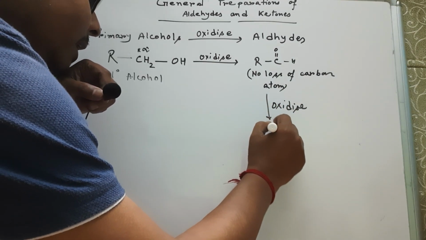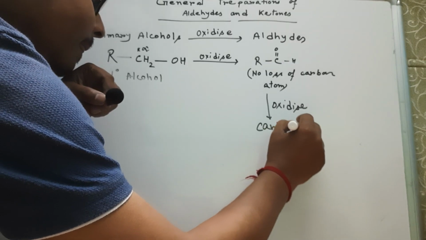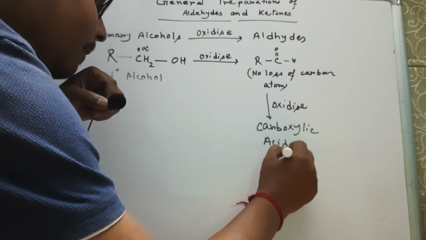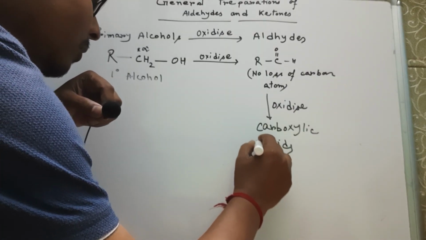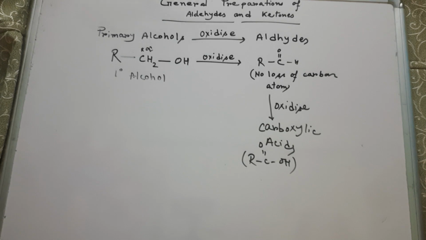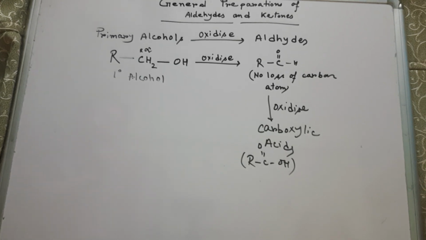What will you get? Carboxylic acid, that is RCOOH or COOH. Clear? So our today's topic is the preparation of aldehyde.